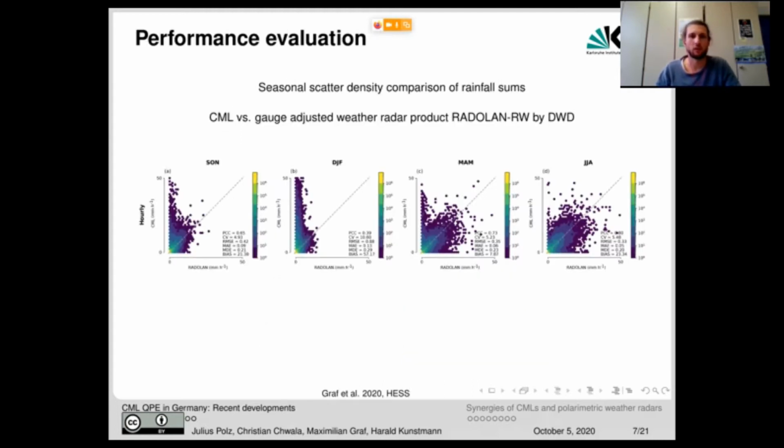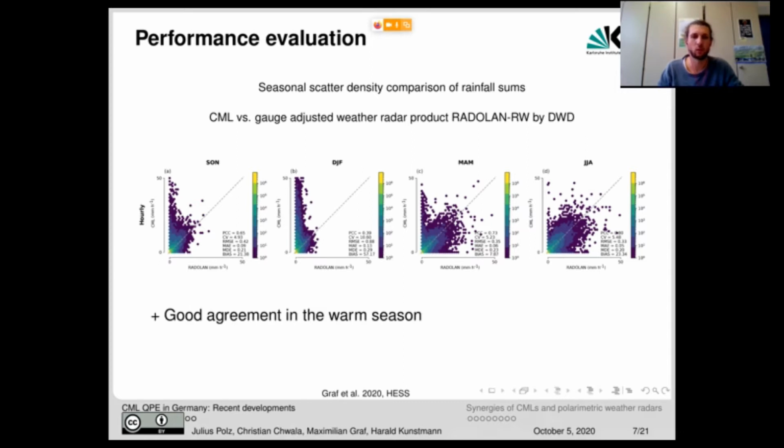We actually did quite a large evaluation, and what you see here is microwave links versus gauge-adjusted radar product. It's in hourly resolution, so CMLs are aggregated to 1 hour, and you can see a seasonal comparison. From left to right, you see autumn, winter, spring, and then summer. I will start with the summer, where we can see that it compares quite nicely. Then in the other seasons, we get some overestimation by the microwave links.